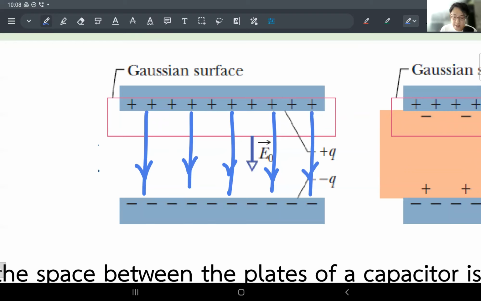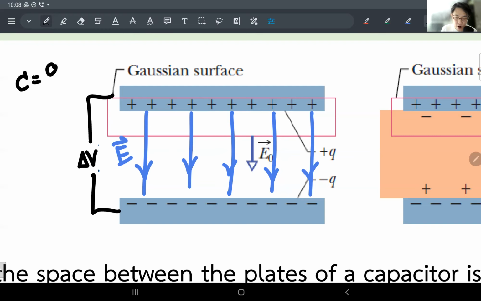Cool? All right. Step number 1, you use Gauss's law to figure out the electric field. Once you get the electric field calculated, you use that one to calculate the potential difference across the plates. Once you have that, then you calculate the capacitance by taking the ratio between the charge over that potential difference, and you're done. Those are the 3-step process, right? Now, the thing is this.